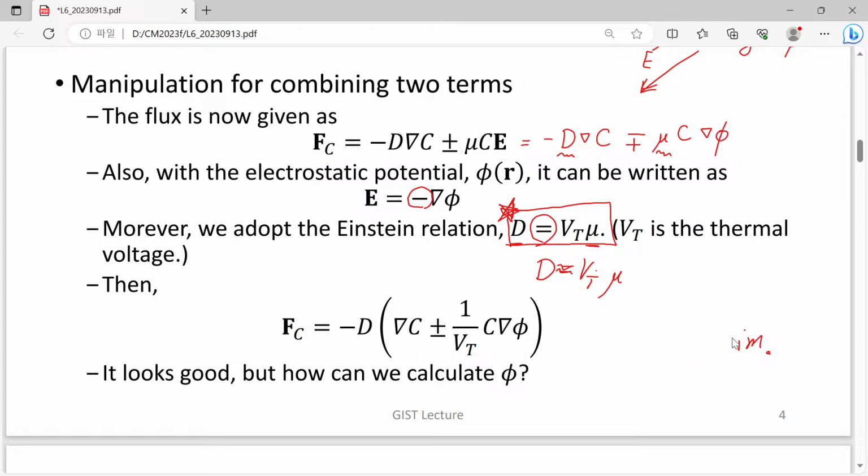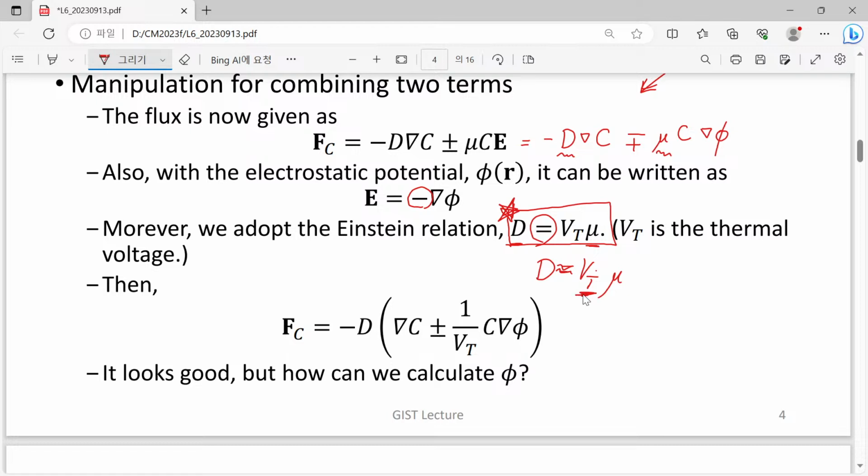Then here I wanted to say what the thermal voltage is. To some of you, thermal voltage is quite a familiar concept, but to some of you, maybe not. Thermal voltage is given by just kT. So kT is energy. This is the Boltzmann constant and your absolute temperature. So it gives you a quantity corresponding to energy, and here you need a voltage quantity. So obviously they are different.